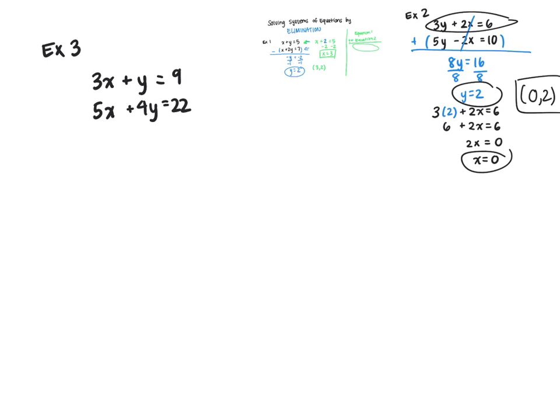Well, if we had a 4y, we could subtract the two equations to eliminate the y. So let's make that a 4y. But if you were changing that to 4y, you're going to have to multiply the whole equation. So this is going to turn into 12x plus 4y equals 36.